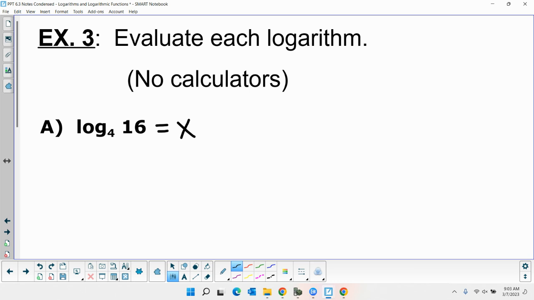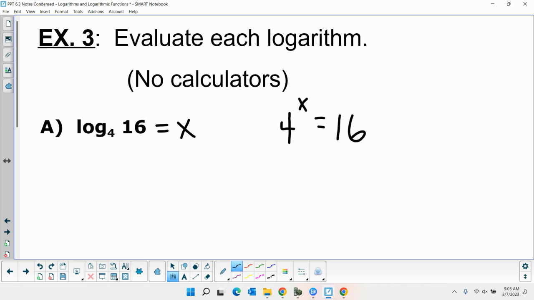So what's this in exponential form now? What's the base? 4. What's the exponent? X. What's it equal? You guys can look at this and tell me the answer. What's x got to be? 2, right? 4 squared is 16.